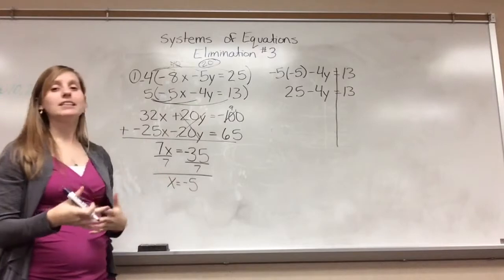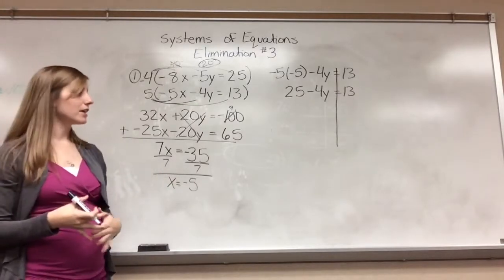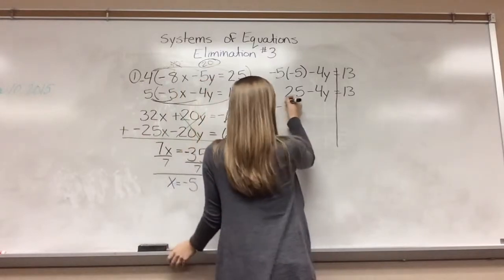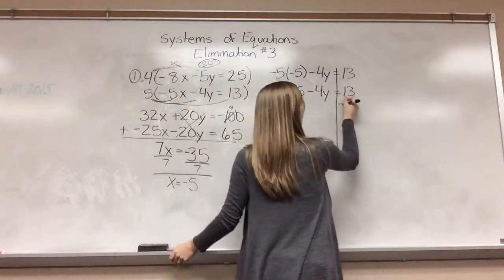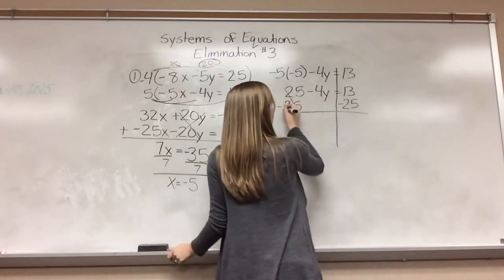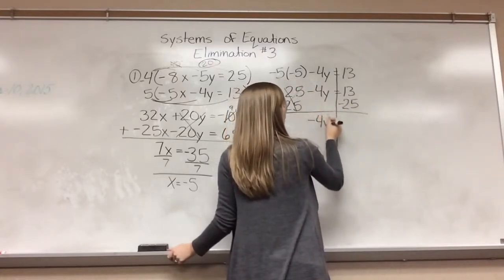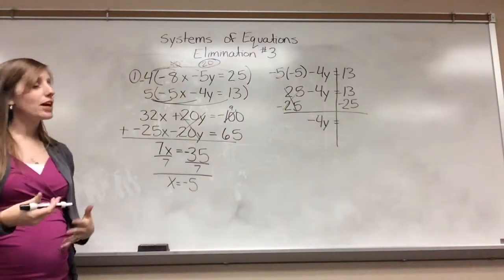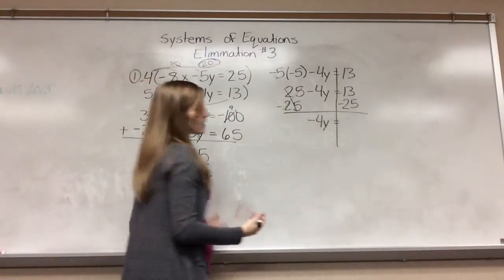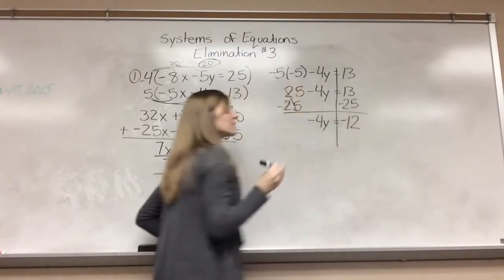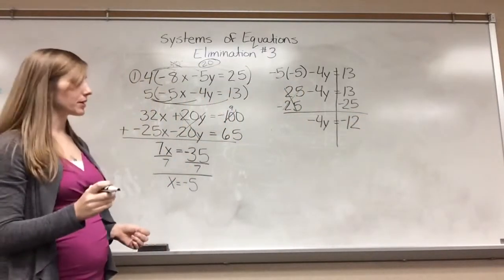To solve for y, I need to cancel that 25. To cancel out a positive 25, I will subtract 25 because 25 minus 25 is 0. So these are gone. My negative 4y just comes down. 13 minus 25, I will subtract those because the signs are different. I get 12, but it will be a negative 12 because you keep the sign of the bigger number.